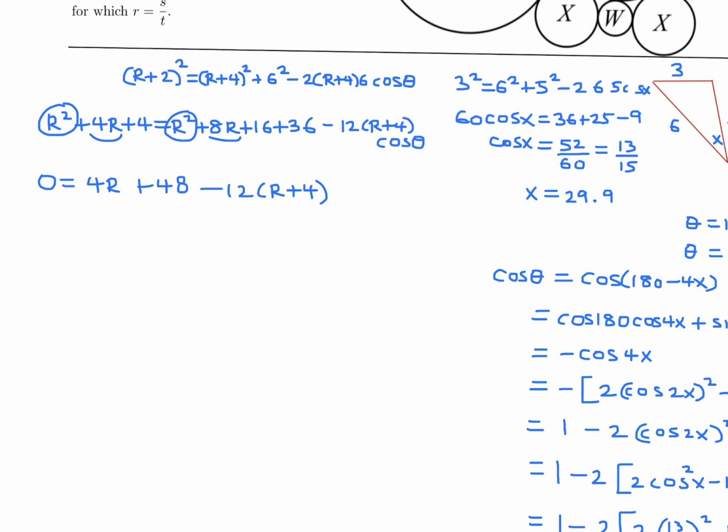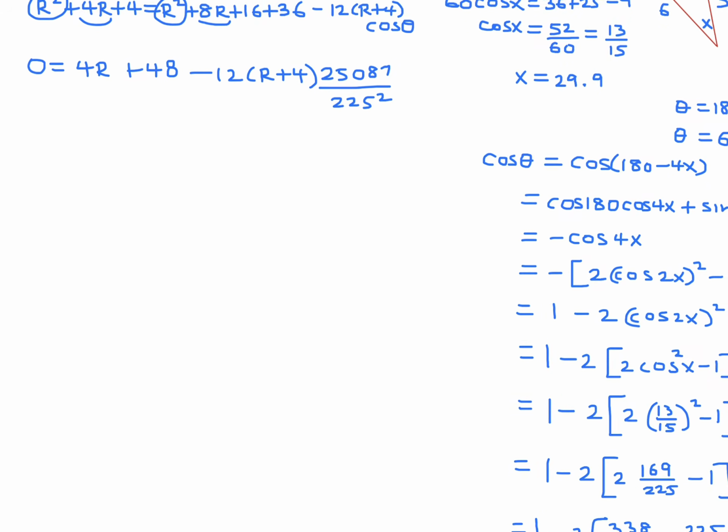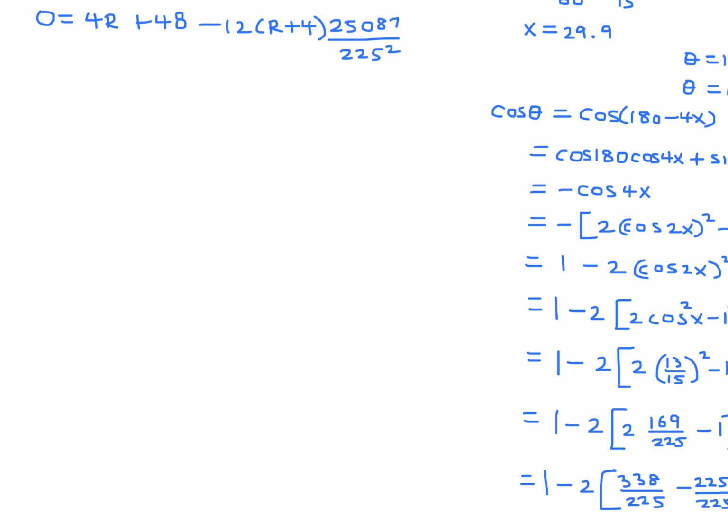Okay, all right, so we are moving right along. Let's multiply through by 225 squared because that's a terrible denominator. So this is going to be 225 squared times 4r plus 225 squared times 48. And then now I can do this multiplication.